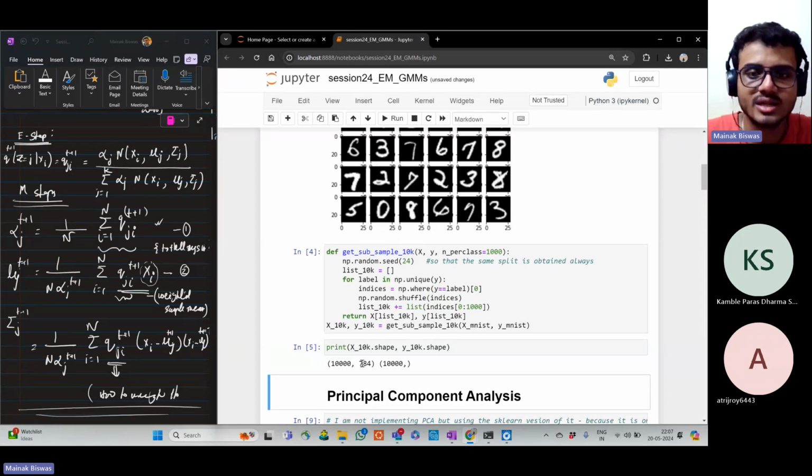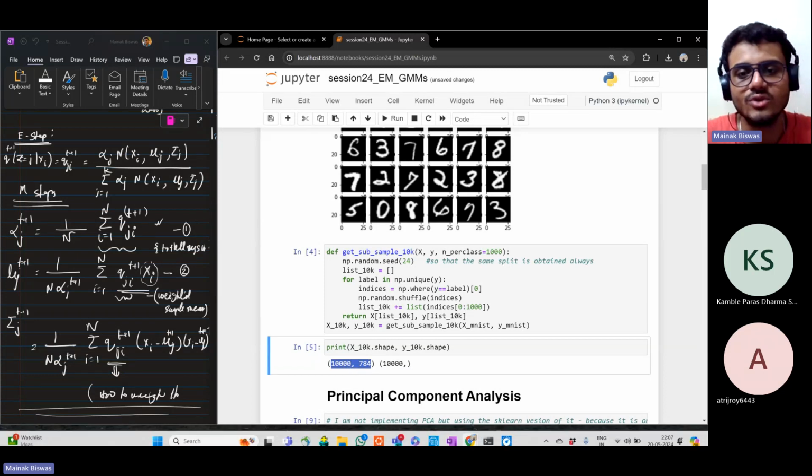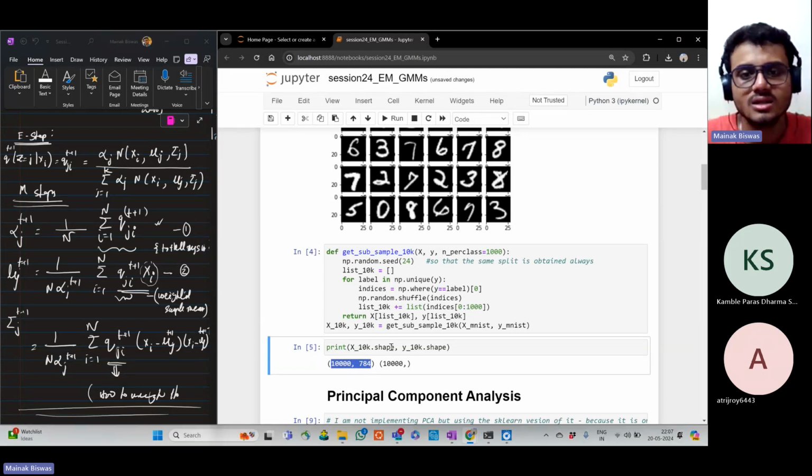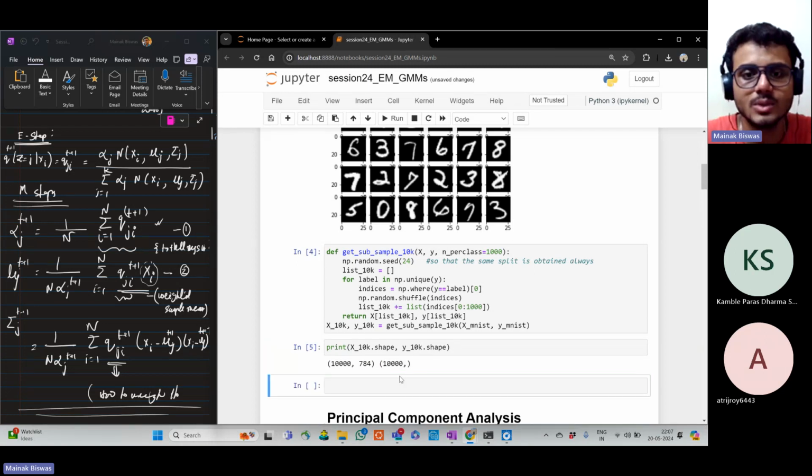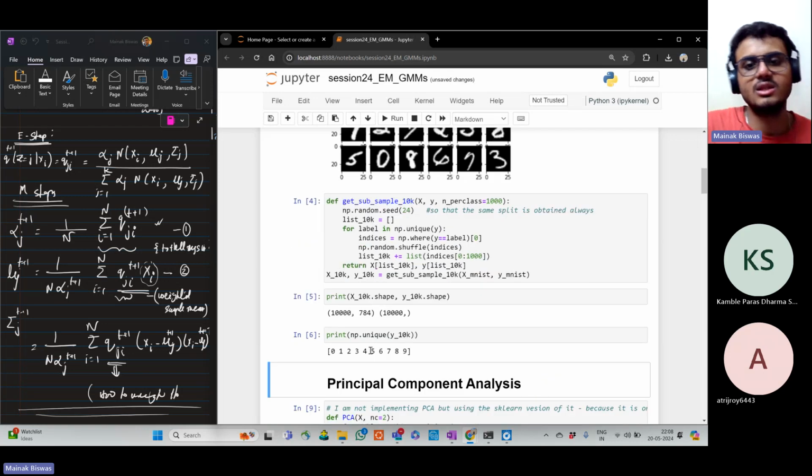This is my training data, 10,000 data points with 784 features, and these are the corresponding labels. If I show you the labels, you'll see they're between 0 and 9. I have manually selected 1,000 for each.